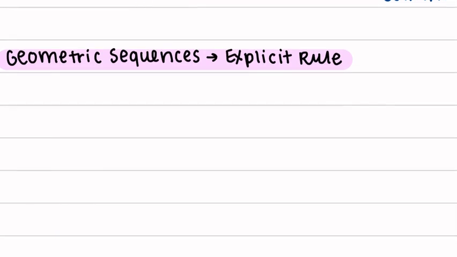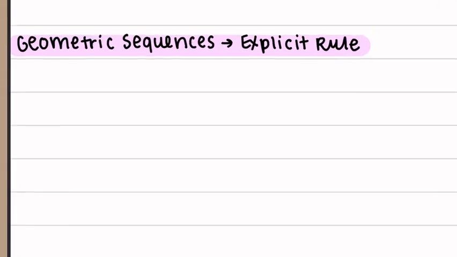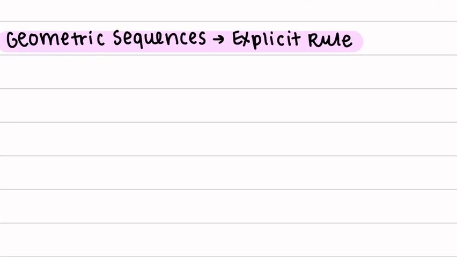Okay, so I might have a geometric sequence like the one above, 5, 10, 20, 40. There's a little bit of vocab here. I have an n value, which represents the number of the term. So I would say term number 1, 2, 3, 4, and f of n represents the value at that term, the value of the term.